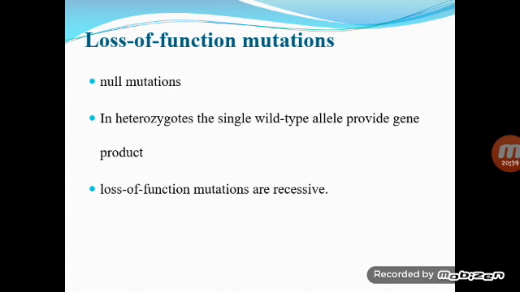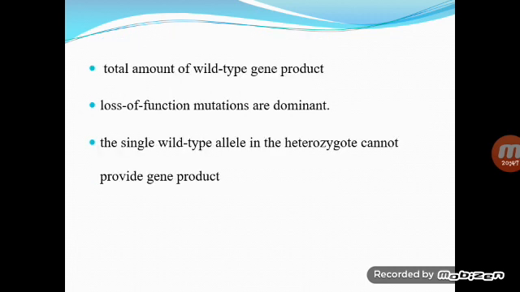In such cases, loss of function mutations are recessive. In some cases, the cell is able to upregulate the level of activity of the single wild type allele, so that in heterozygotes the total amount of wild type gene product is more than half that found in the homozygous wild type.